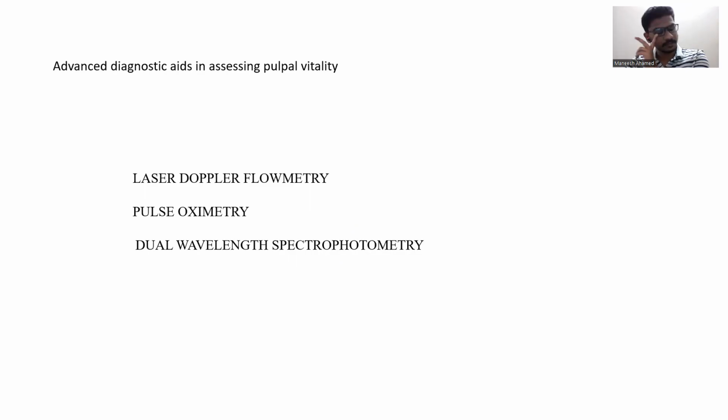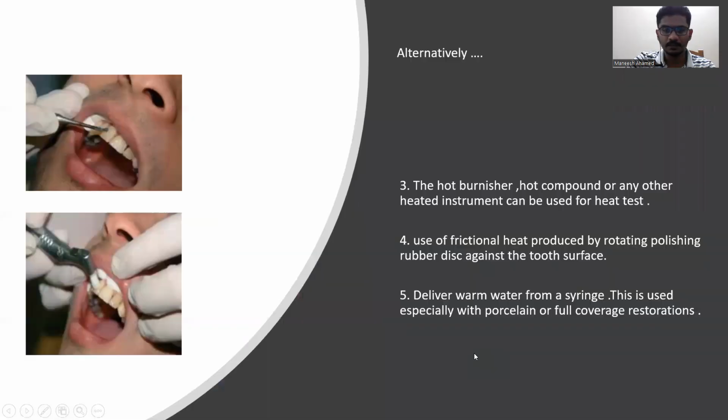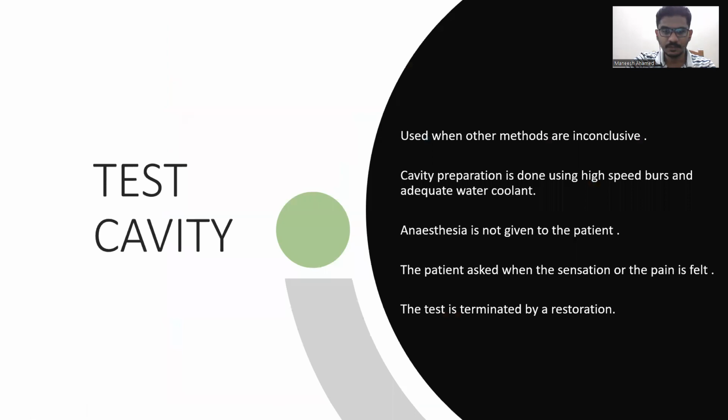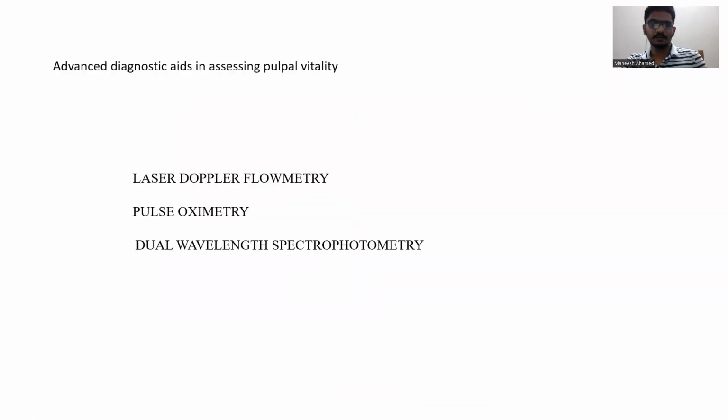As I explained earlier, all these conventional methods mainly rely upon the neural response of the tooth. There are certain newer pulp vitality testing modalities which actually measure the pulpal vitality by measuring the blood supply of the pulp.